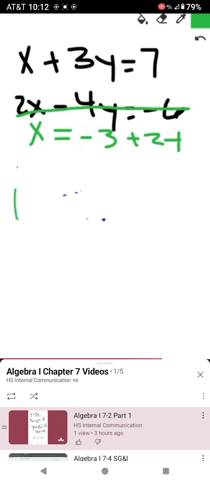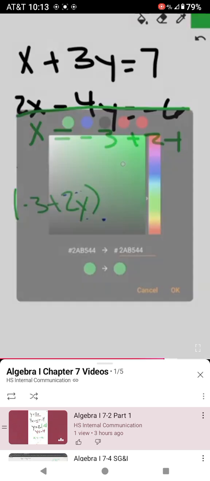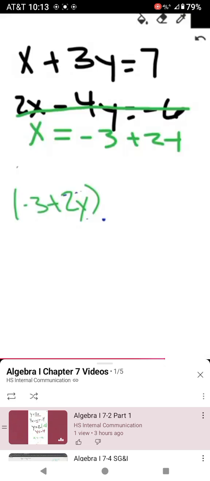Alright, so let's go ahead and plug this in. So we have negative 3 plus 2y that we're substituting x for. Then we have plus 3y equals 7.